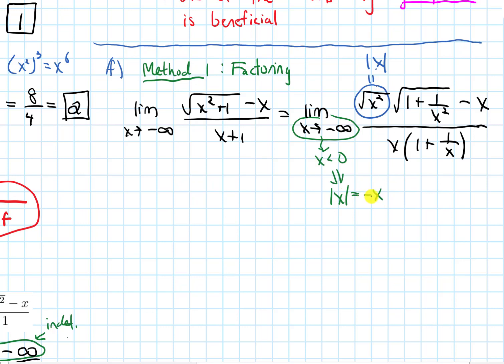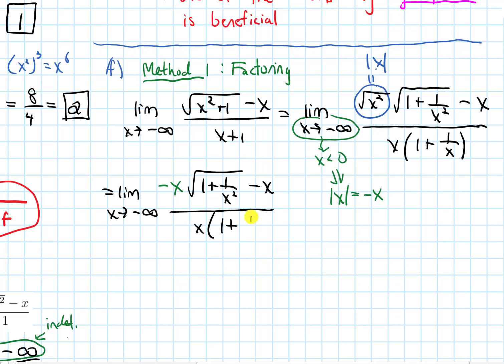So I need to put another negative in front of it to make sure that output is non-negative. So we get the limit as x approaches negative infinity, but the absolute value of x simplifies to negative x now, times the square root of 1 plus 1 over x squared minus x over x times 1 plus 1 over x.